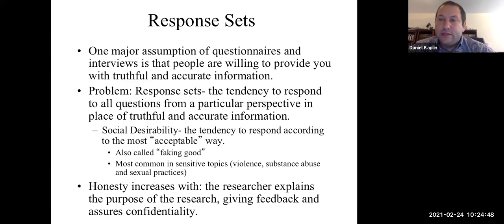But social desirability is important, right? You may have watched the show House, or House MD, and Gregory House has a phrase, everybody lies.